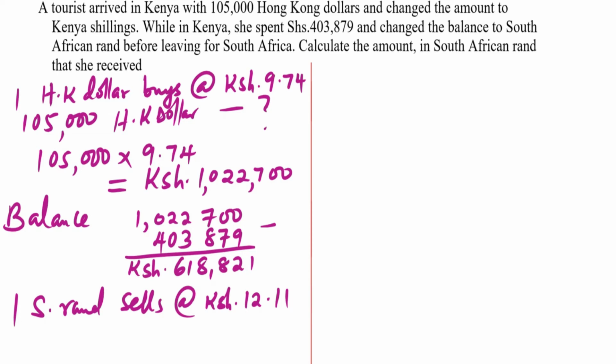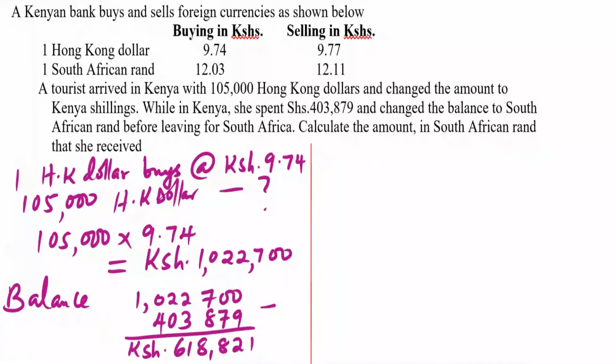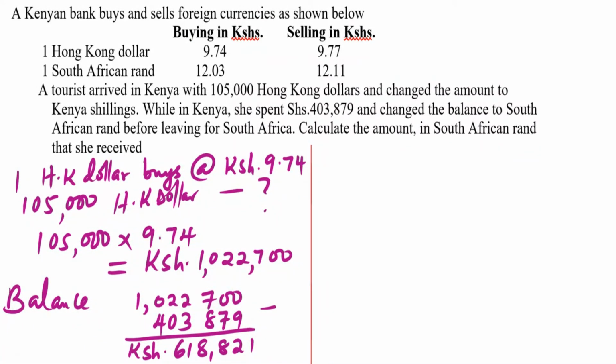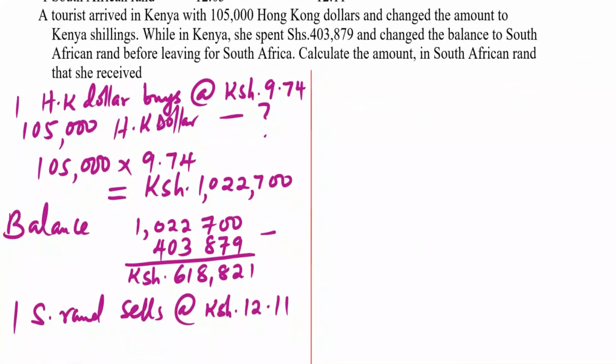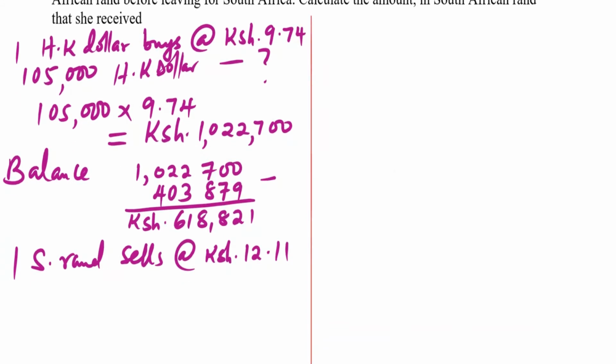In converting Kenyan shillings to South African rand, the Kenyan bank will sell. So we're going to use this column, selling, not buying. So 1 South African rand sells at Kenyan shillings 12.11.